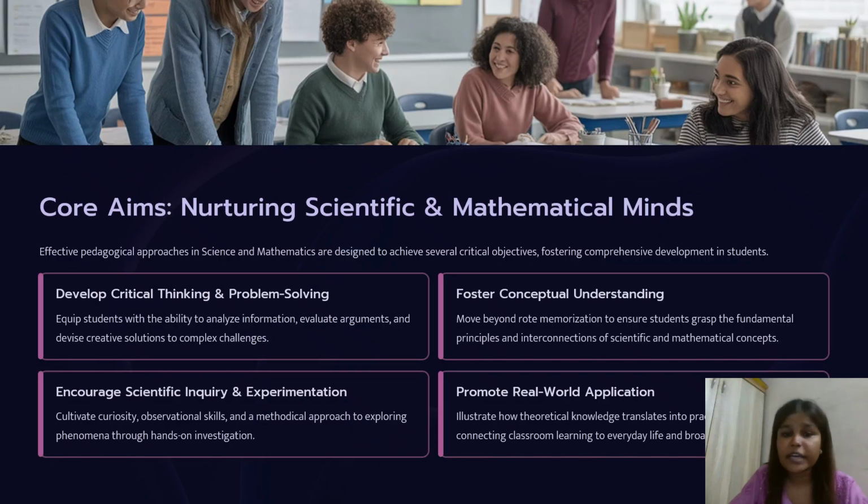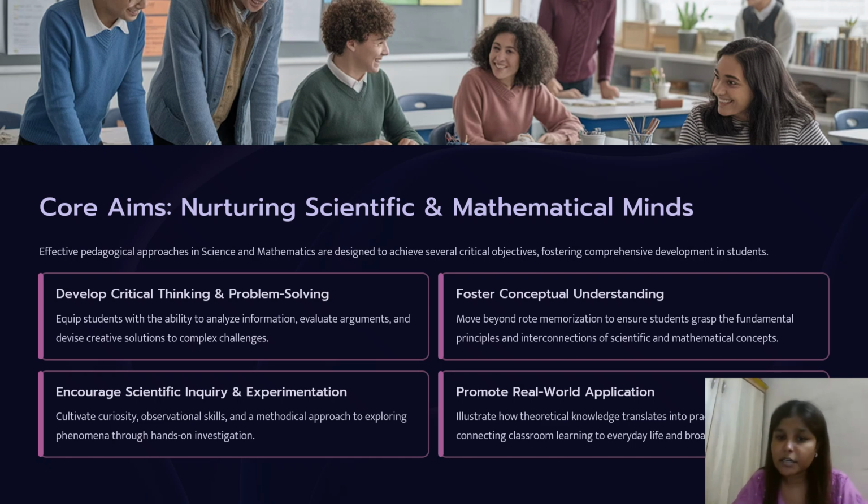So, what are the different aims of teaching mathematics and science? The very first one is to develop critical thinking and problem solving skills. Students learn to analyze information, evaluate evidences, and design solutions from complex problems. The second one is to foster conceptual understanding, wherein rather than memorizing formulas or facts, students grasp the meaning and interconnections of concepts.